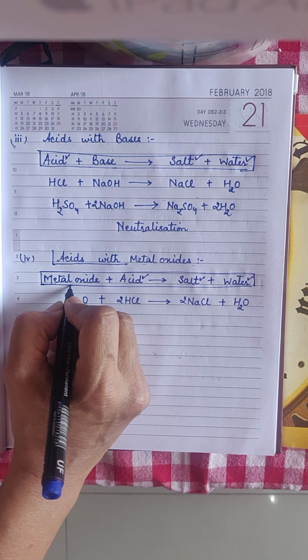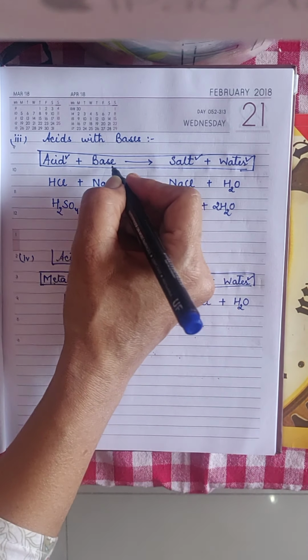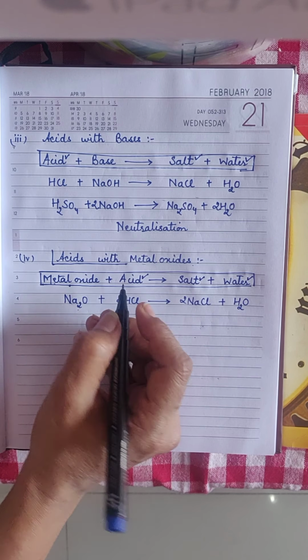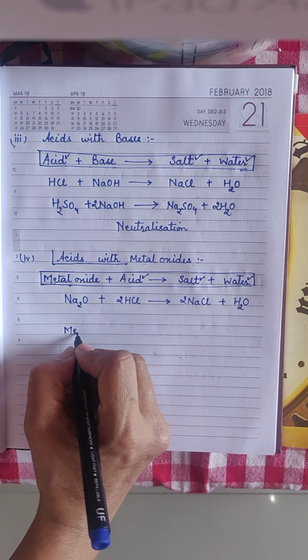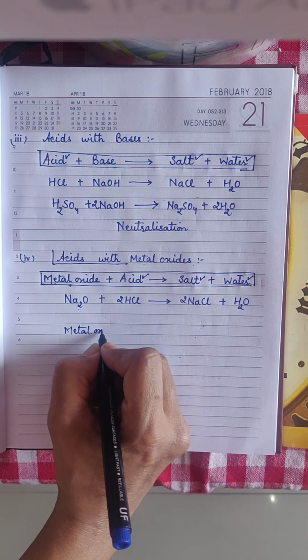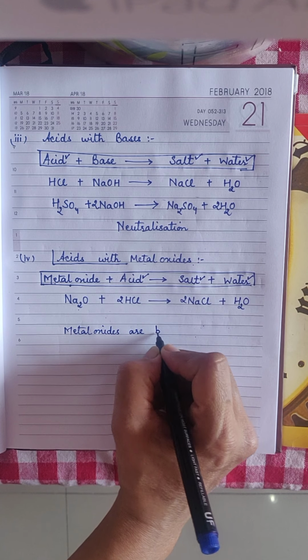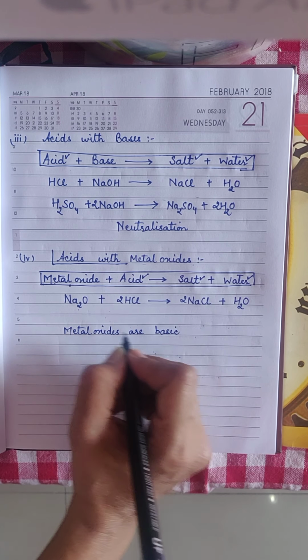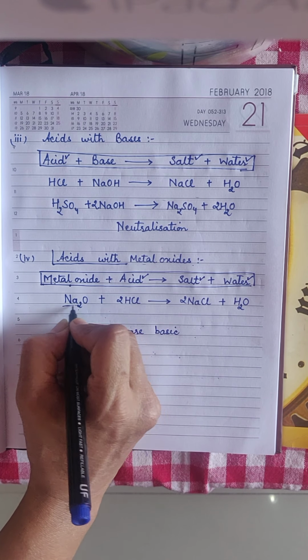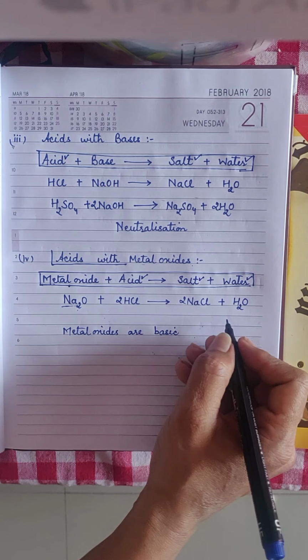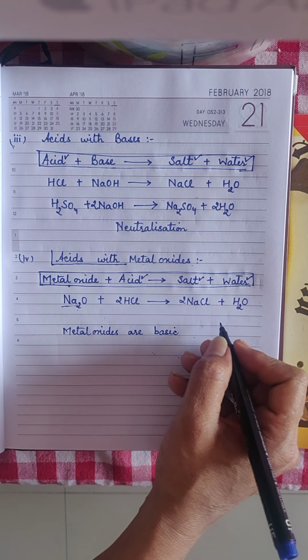Applying the general principles of an equation here also, base and metal oxide should be same. What can we say? Metal oxides are basic in nature. All the oxides of metal are basic. Okay, so this is a basic oxide. We may take the example of any other metal oxide.